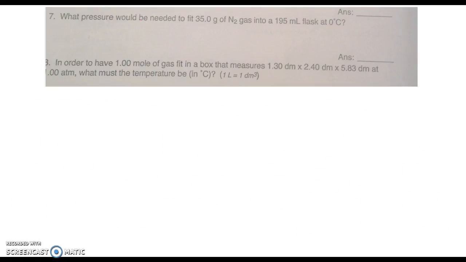All right, what pressure would be needed to fit 35 grams of N2 gas into this flask? So we need a pressure. So right now they're giving us grams. Okay, we have 35.0 grams of N2 gas. We want to change it into moles.